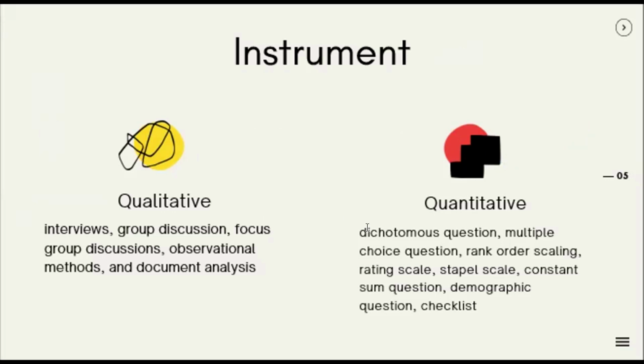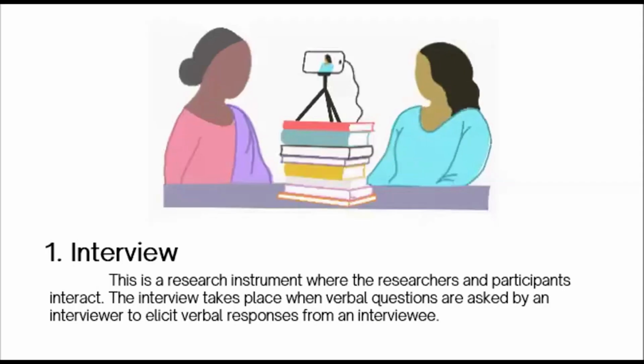For the quantitative research instruments, we have dichotomous questions, multiple choice questions, rank order scaling, rating scale, Stapel scale, constant sum question, demographic question, and checklist. So now let's discuss the most commonly used research instruments or data collection procedures.